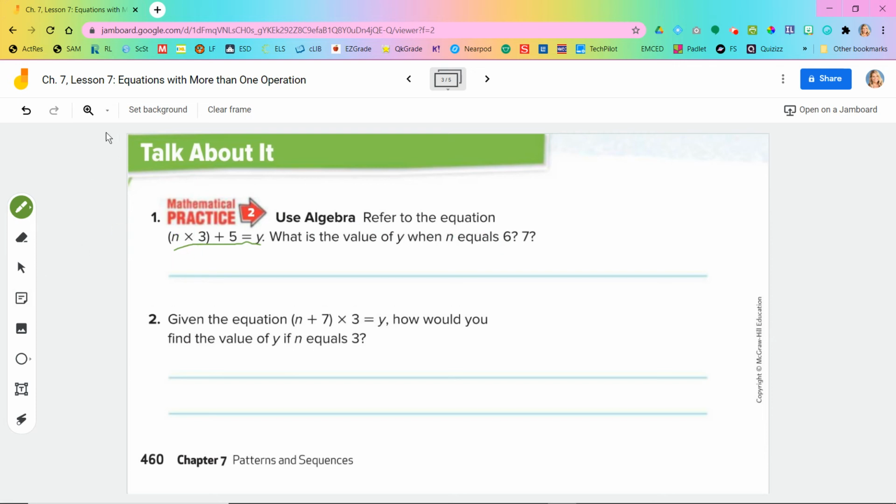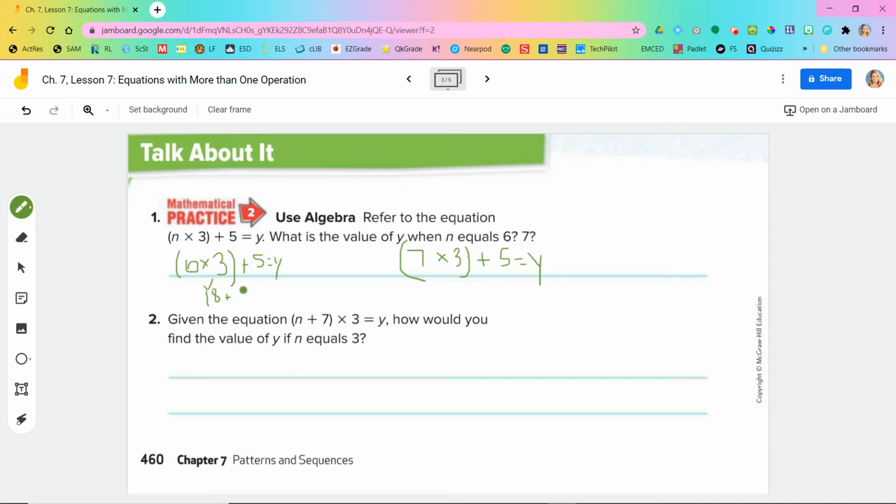So I'm going to go ahead and set up both of these equations. 6 times 3 plus 5 equals y. And then 7 times 3 plus 5 equals y.